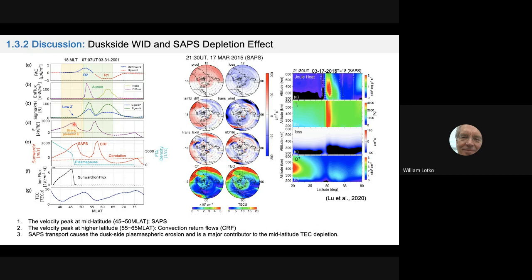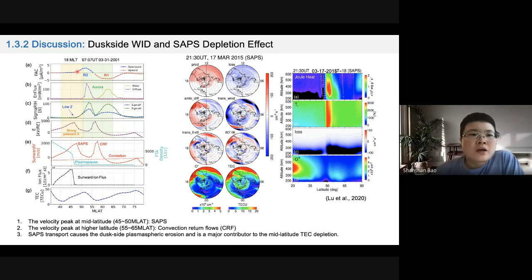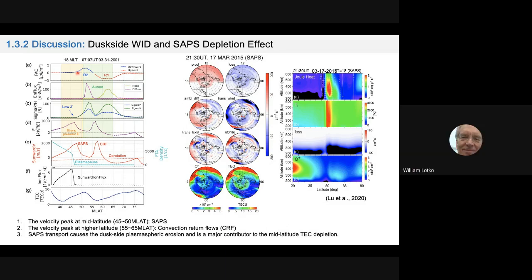Because they're outside the region of the region 2 current that you see in panel A, suggesting there's some other source of them besides the field line currents that we see in panel A. That strong poleward electric field is driving a Pedersen current, and that Pedersen current has to close.